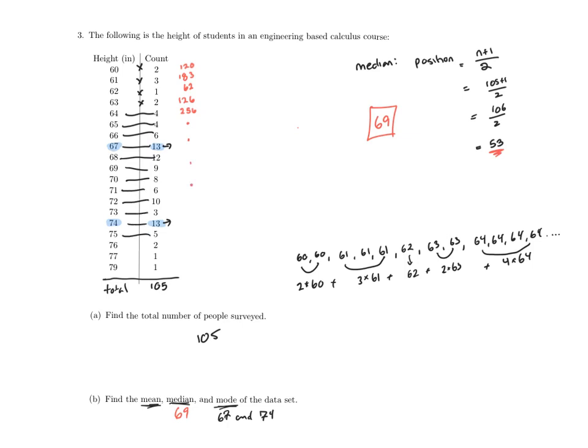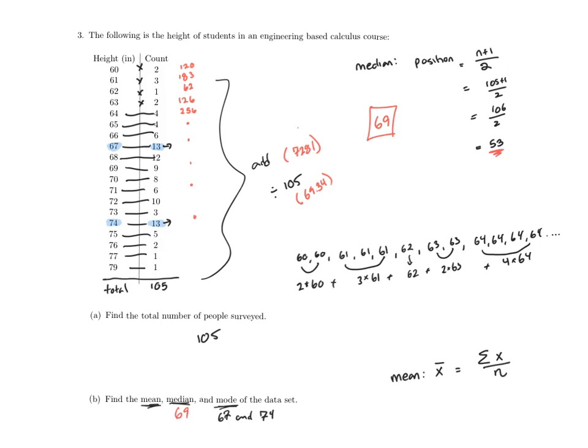Once I've multiplied all of these across, I will add them all up. And after I add, I will divide by how many total things I have. That is, I'll divide by 105. This comes from the fact that my mean, which we represent with x bar, is the summation, or adding up, of all my observations x, divided by n.